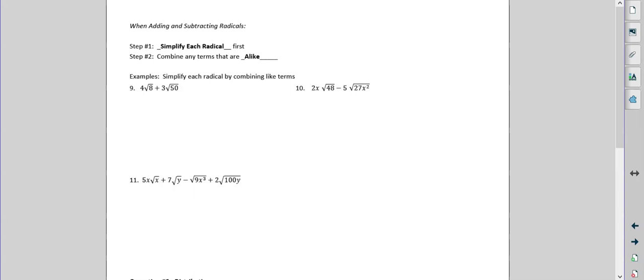Okay, now, in this case, radical 8 and radical 50 are not the same. But if we simplify them, there might be. So, this one is going to break down to 4 times 2. Don't forget to bring this 4 down. Square root of 4 is 2, and the radical 2 is just going to stay. Plus, this 3 is going to come down here. Radical 50 is going to break to 25 and 2.